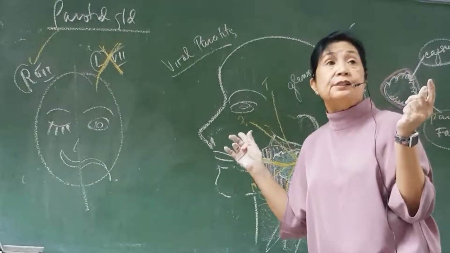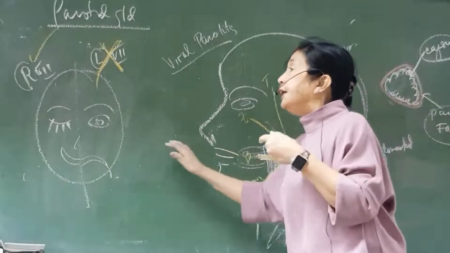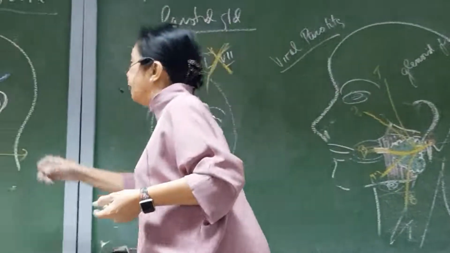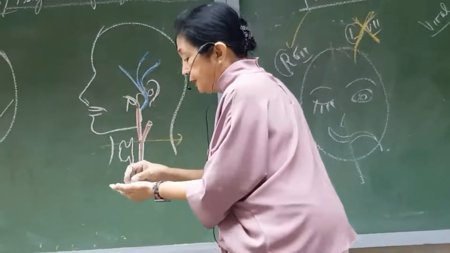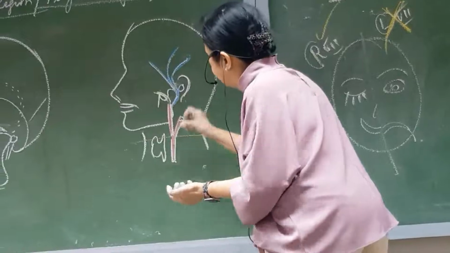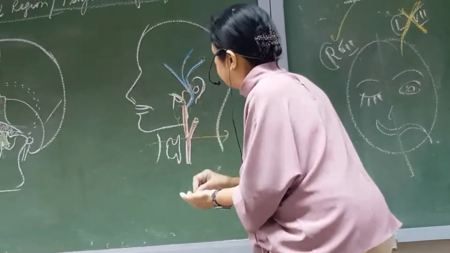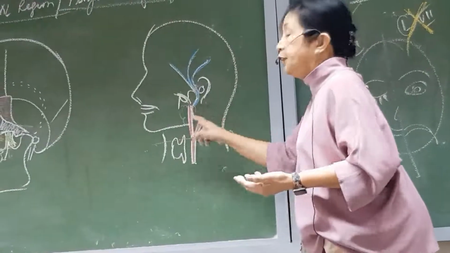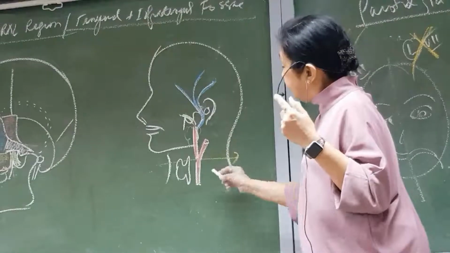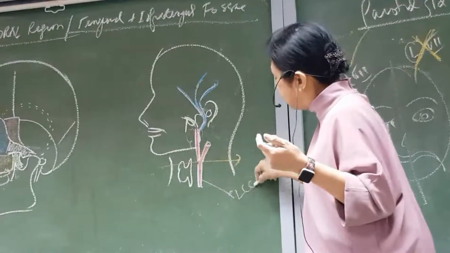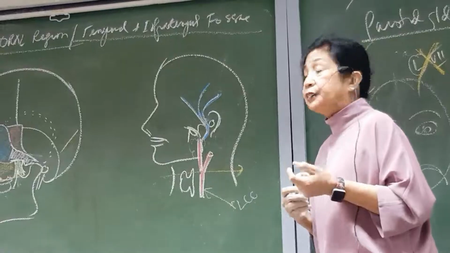You have arteries and veins. So anong artery ang nandun? Now here, inside the parotid gland, there's an artery. And this artery here is called external carotid. Okay, ito external carotid. So left side yan, so ito, left common carotid, branch ng arch of aorta.